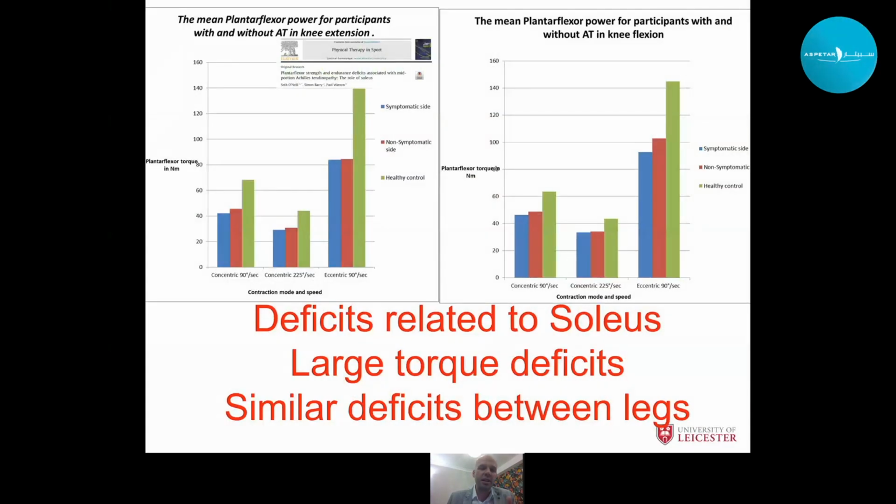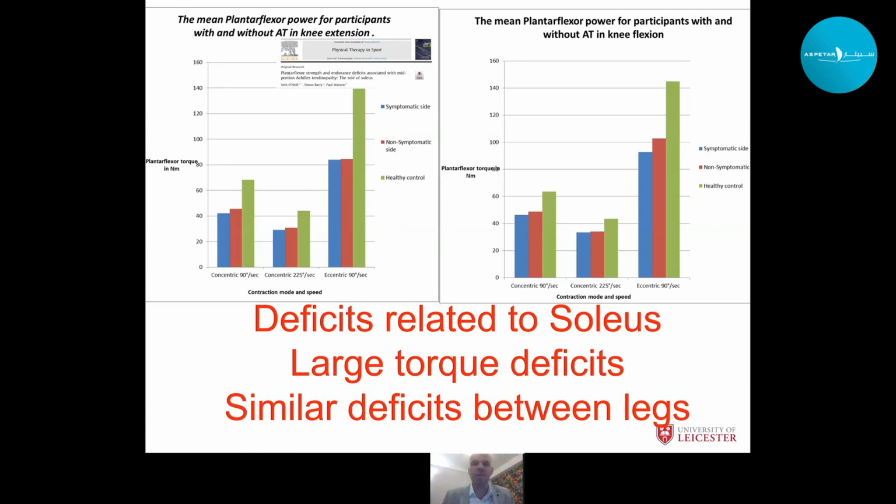And this study we did a little while ago basically identified that soleus was most at fault. We did knee flexed positions and knee extended positions where both gastroc and soleus work versus knee flexion. And what we seemed to show was that the deficits between healthy people in green and the injured cohorts, bad leg, being the symptomatic leg, was blue, and the non-symptomatic leg was red.